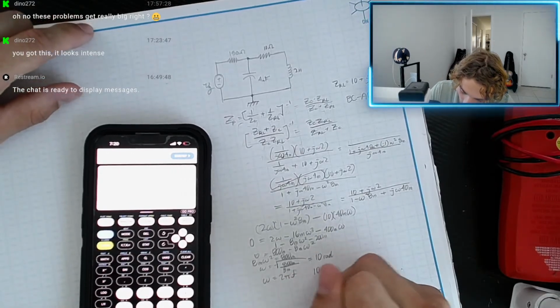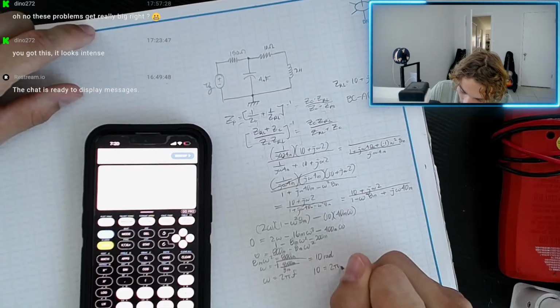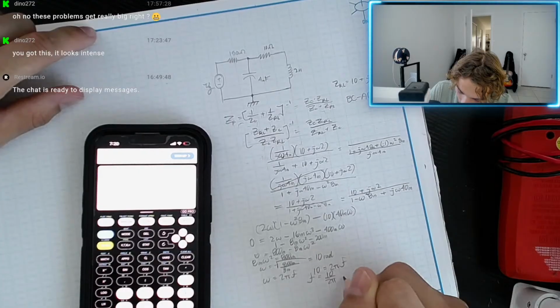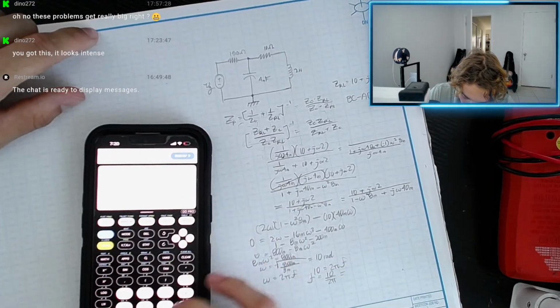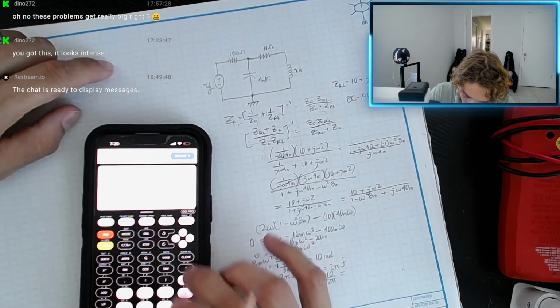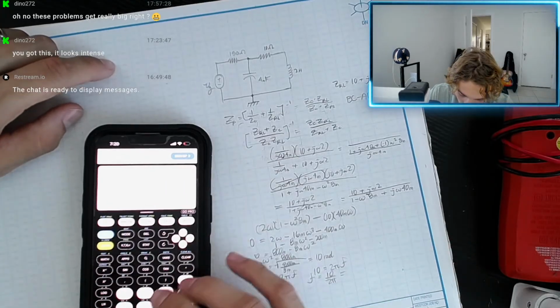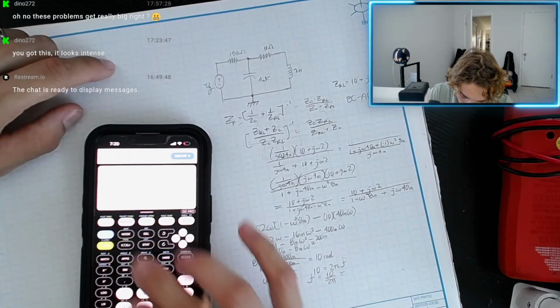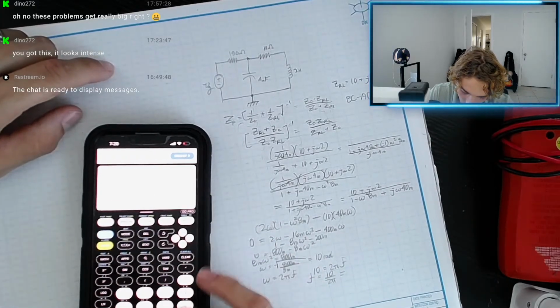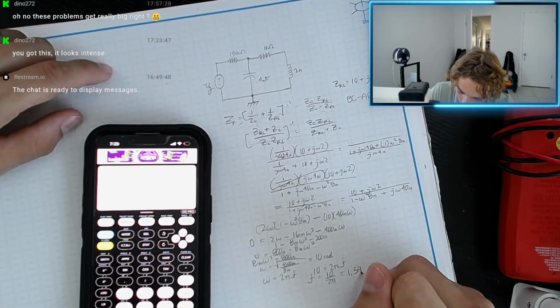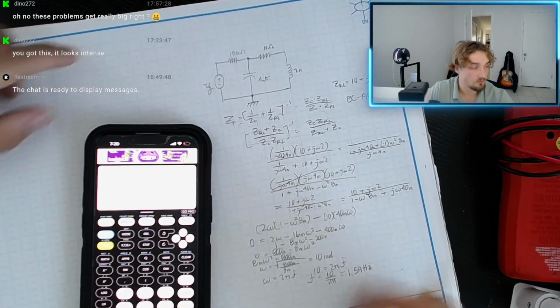So 10 equals 2 pi f, and f equals 10 divided by 2 pi. You have to use parentheses. 1.59 hertz. All right, and that's our frequency.